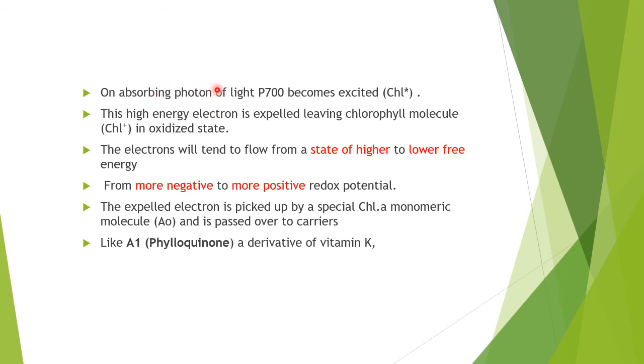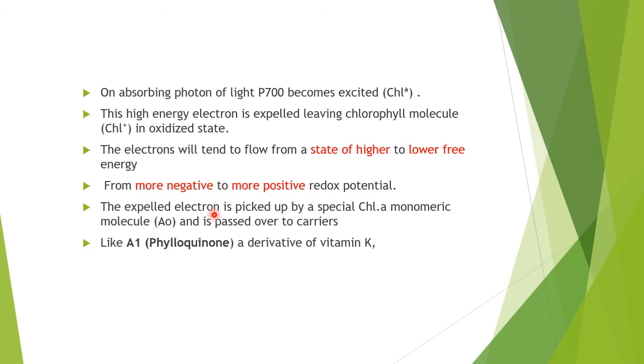On absorbing a photon of light, P700 becomes excited. This high energy electron is expelled, leaving the chlorophyll molecule in an oxidized state. Electrons will tend to flow from a state of higher to lower free energy, from more negative to more positive redox potential.